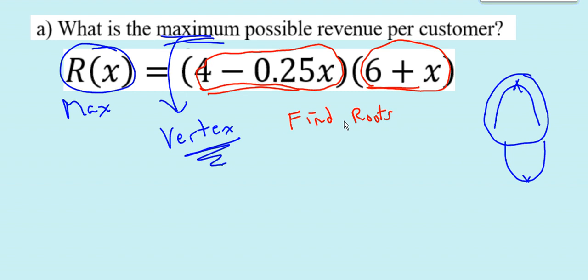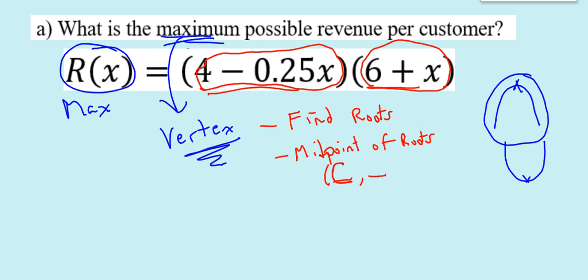Now, why are the roots important? Well, if we find the midpoint of the roots, we are finding the x coordinate that represents the vertex. So we're also finding where the axis of symmetry is. So if we find the midpoint of the roots, we'll have half of the vertex.